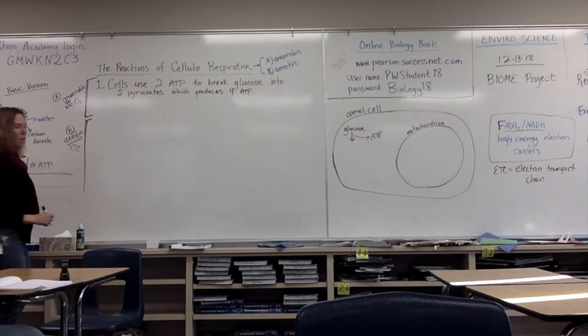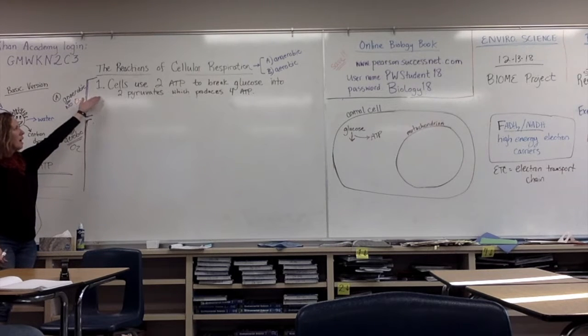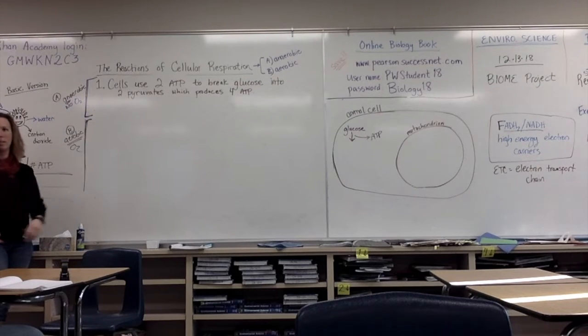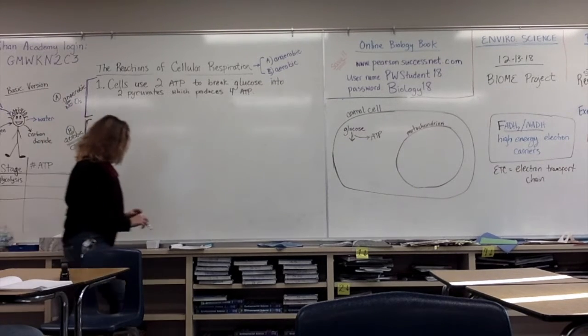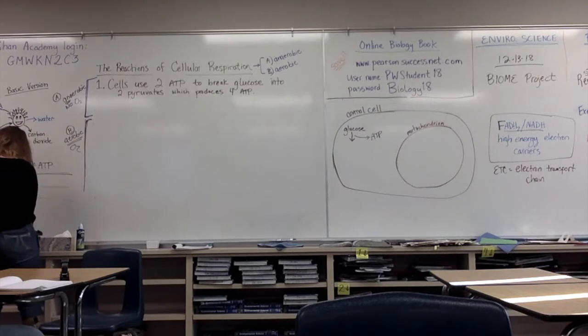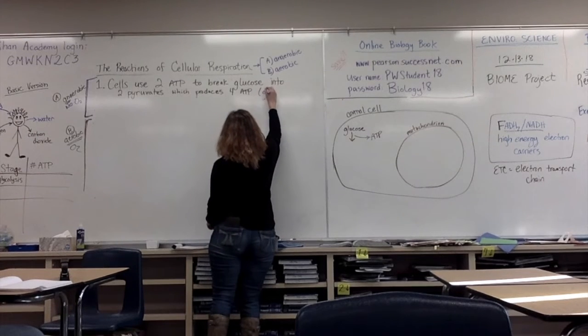Step 1. Many little simple cells, like bacteria, or yeast, or other single-celled organisms, are perfectly happy just doing this, using 2 ATP to get 4 ATP. This step has a special name. It's called glycolysis.